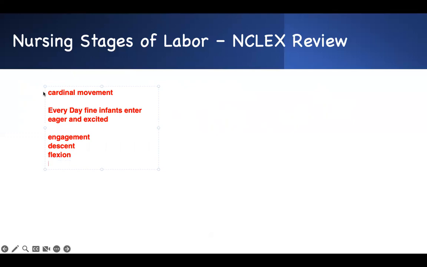Make yourself even smaller by doing internal rotation. Then you've got to make yourself bigger after you pass the smaller area, so extension, so that I can see you. And then more extension, also external rotation. Then I can pull you out, expulsion. And these are the cardinal movements.